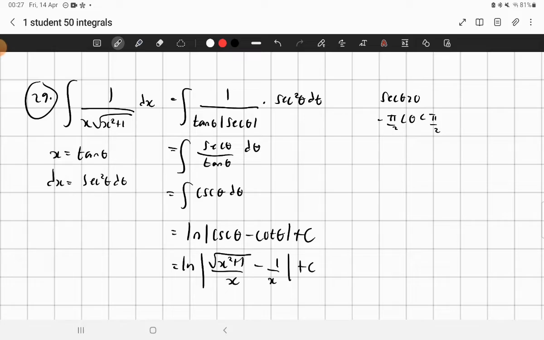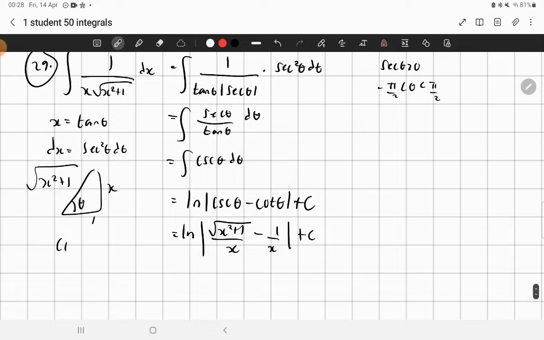Hold up. Opposite over the side, x squared plus 1 square root. So cotangent means cosine over sine, adjacent over opposite, so I'm left with 1 over x. And then cosecant theta is 1 over sine theta, hypotenuse over opposite, just flip it around. Oh, okay.